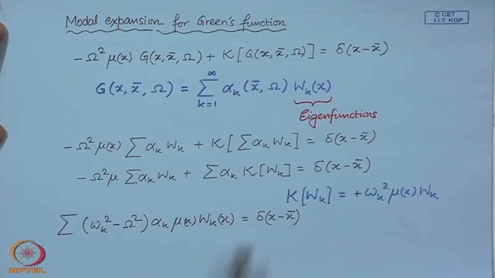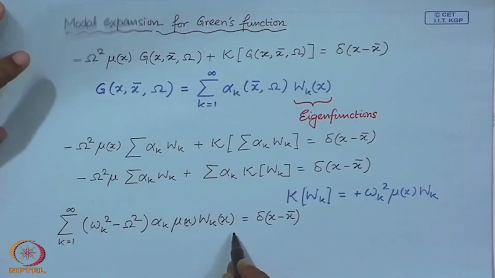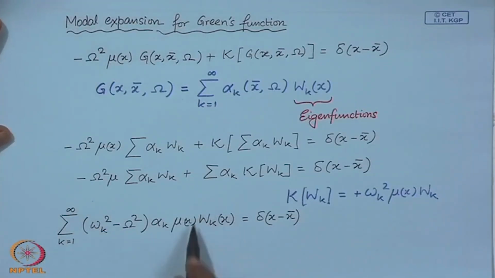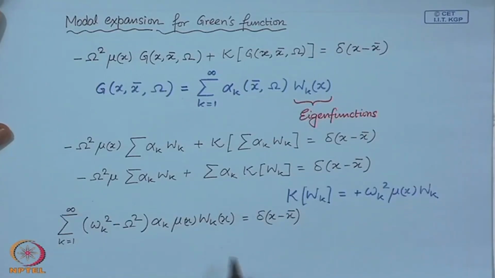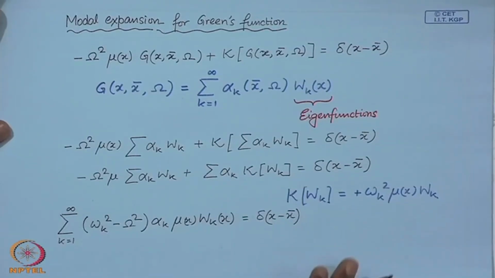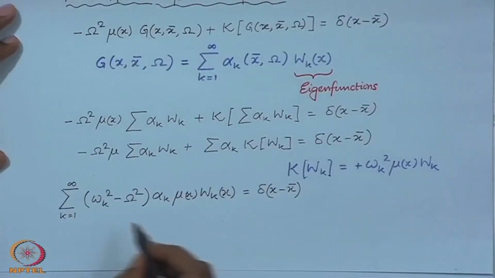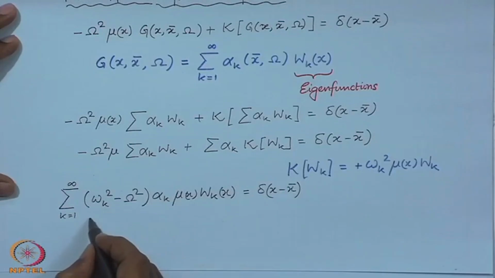now to solve this equation for the unknown alpha k, we use the orthogonality property of eigenfunctions, which means I take the inner product with w j on both sides, and using the orthogonality, it filters out the jth term of this expansion.